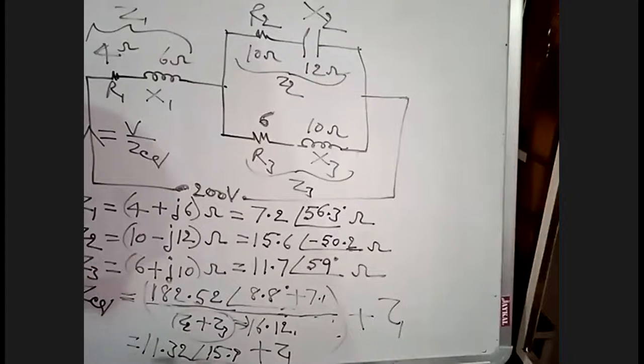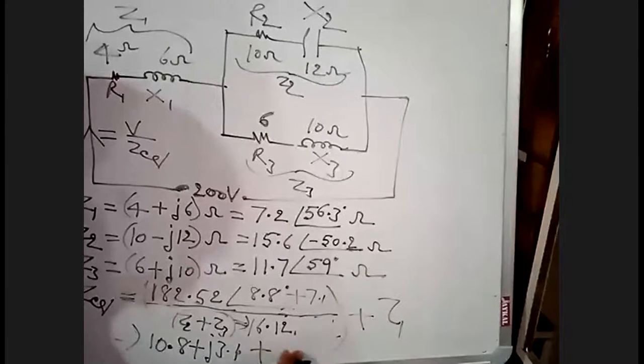Convert 11.3 at 15.9 to rectangle form: 10.8 plus J3.1. Z1 is 4 plus J6.